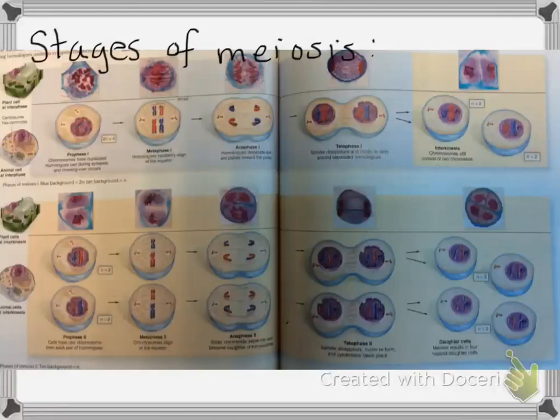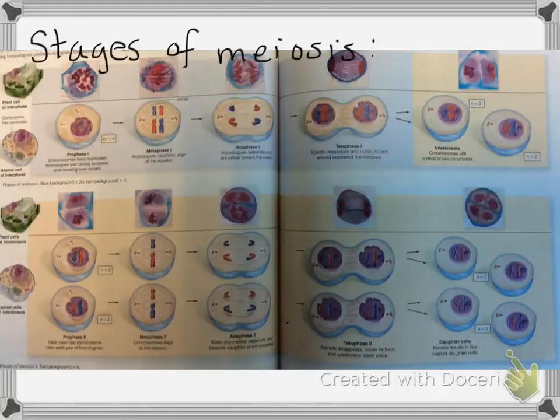Okay. Go to metaphase 1. How did they line up in metaphase 1? Single file or with their partner? With their partner. Now, remember, they can line up where all the reds were on one side and all the blues were on the other, or they could have lined up like the artist drew.